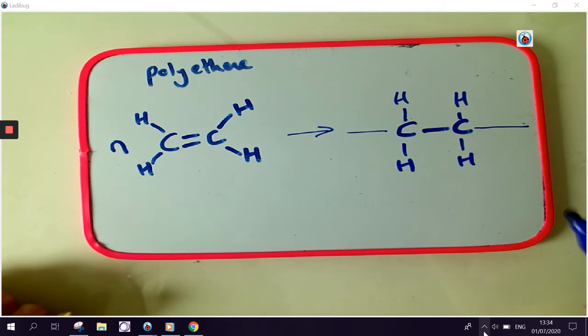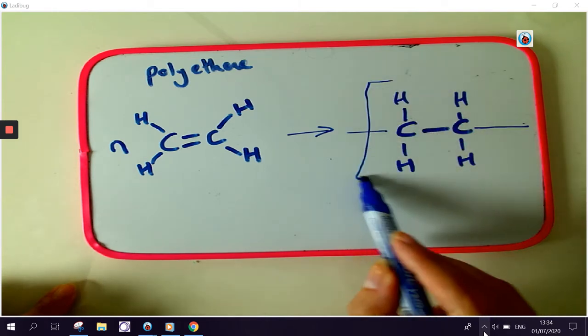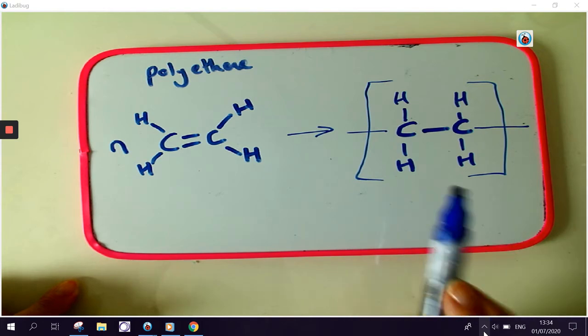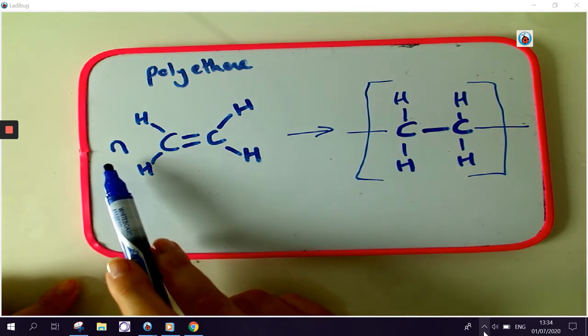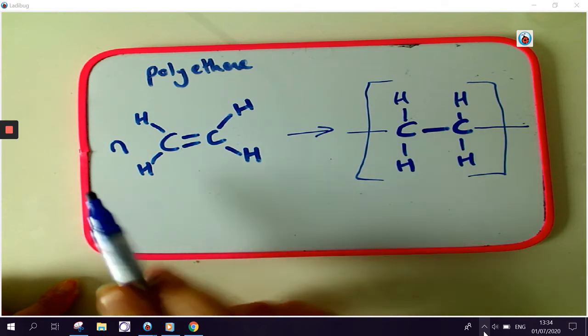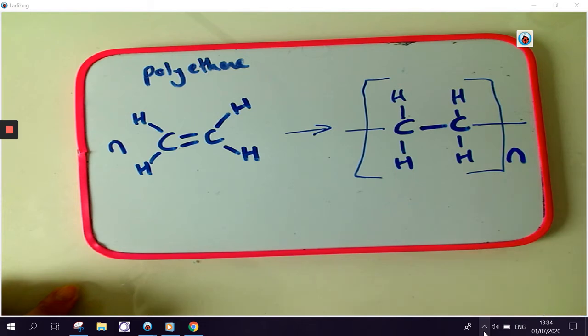Now, so that we don't have to draw a huge molecule, we essentially show that this section will repeat, and it will repeat N times. For as many ethenes I had, will be how many times that molecule repeats. So we place an N in the bottom corner to represent that.